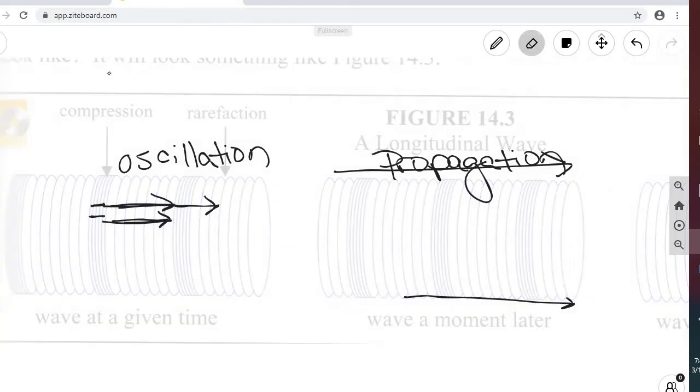Okay, so let's do a few problems related to our equation that frequency of a wave is equal to the speed divided by the wavelength. In the first problem that we will do, a wave is traveling at 3 meters per second.